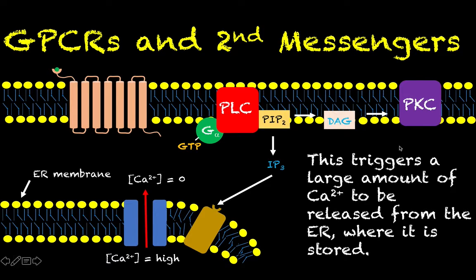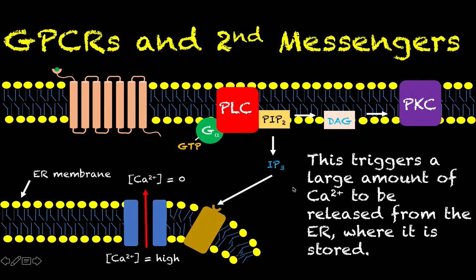So for that reason, the cell intentionally keeps calcium levels in the cytoplasm near zero. The way the cell accomplishes this is by making sure that pretty much all the calcium inside the cell is sequestered inside of the ER. However, calcium can be very useful in signal transduction processes.